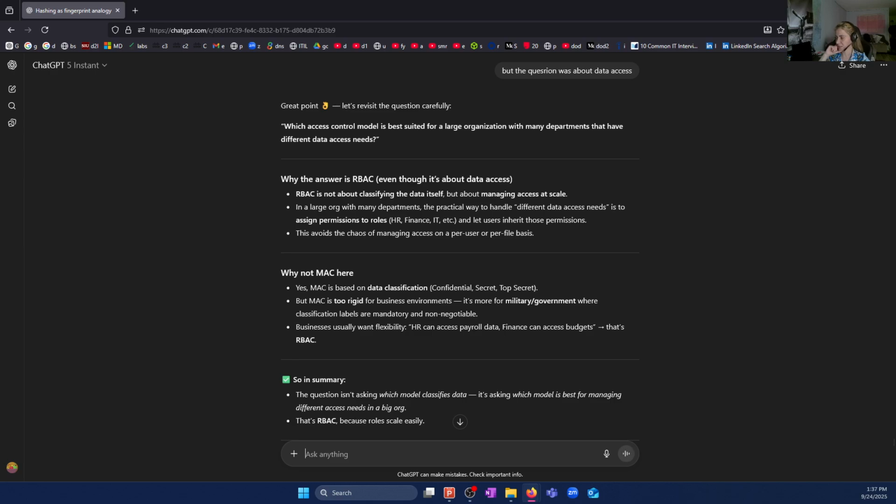RBAC is not about classifying the data, it's about managing access at scale. In a large organization with many departments, the practical way to handle different data access needs is to assign permissions to roles, like HR, and let users inherit those permissions. This avoids the chaos of managing access on a per user basis.